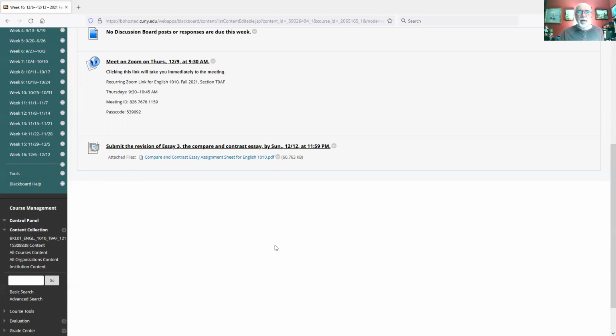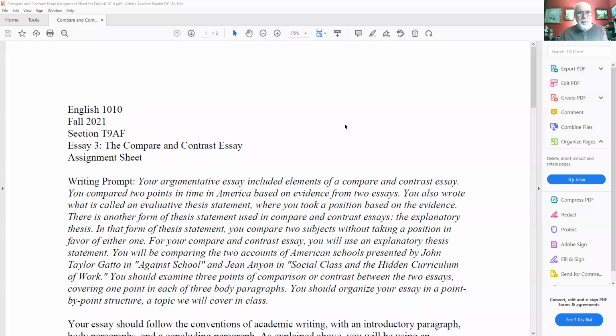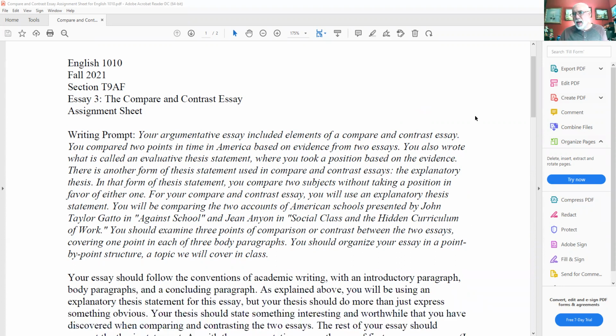So, all right. Let me stop the share here and let me share the Adobe Acrobat. There we go. This is the assignment sheet you're going to find where I just showed you on Blackboard. I don't really have time to read the whole thing here. I'm going to ask you to do that. And we'll probably go over this again in the class after Orwell Day.